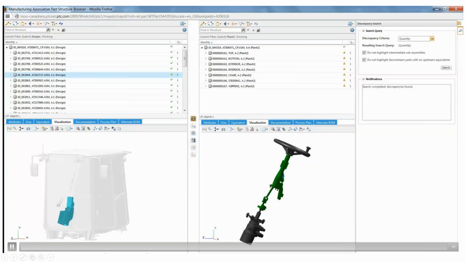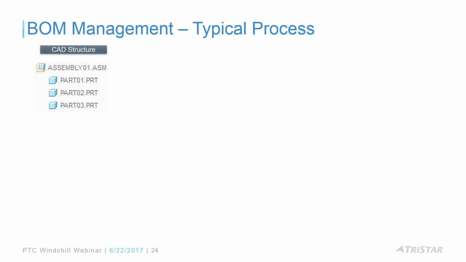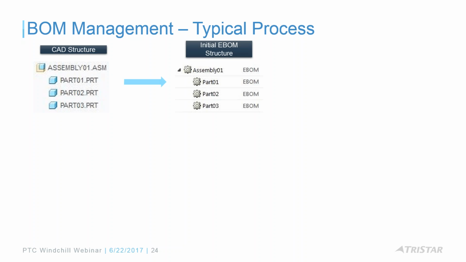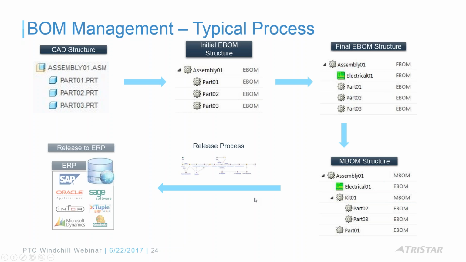Okay, so that's just a quick example. If you're interested in that type of functionality, let us know. One of the other things I'll just end off with here before we run out of time is, how can we then push this information into downstream systems? So Windchill has various ways, through workflows or just through actions, to push these various BOMs into ERP systems.